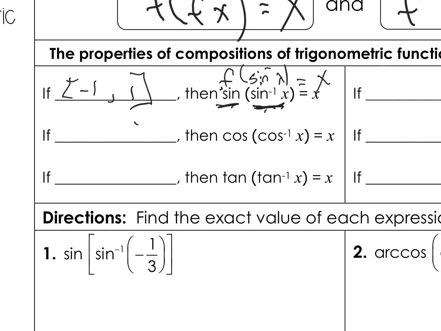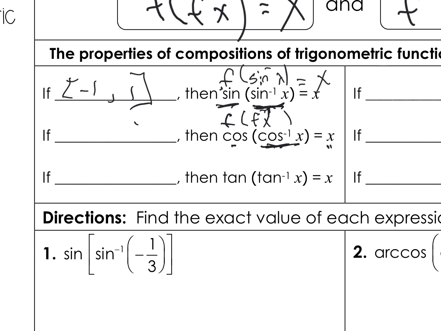Okay, so another property. If your outside function is f of x, which is cosine, and the inside function is the inverse of cosine, then when you take the cosine of the inverse cosine, we get x.